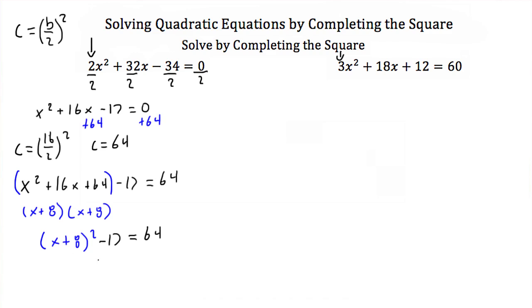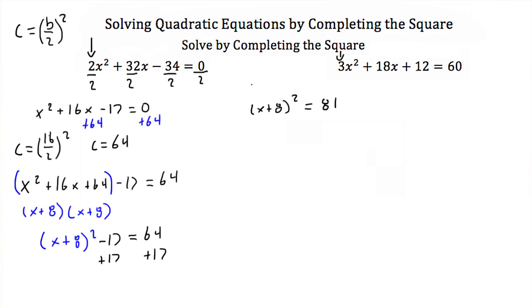So we factored this down into x plus 8 squared minus 17 is equal to 64. I want to get my squared term alone if I'm going to solve this, so I'm going to add 17 to both sides. If I do that, I end up with x plus 8 squared, and that's equal to 81.